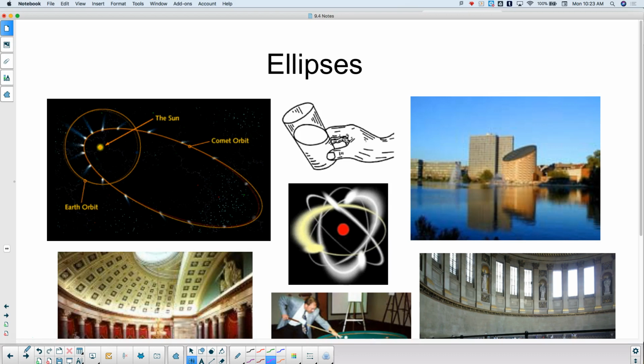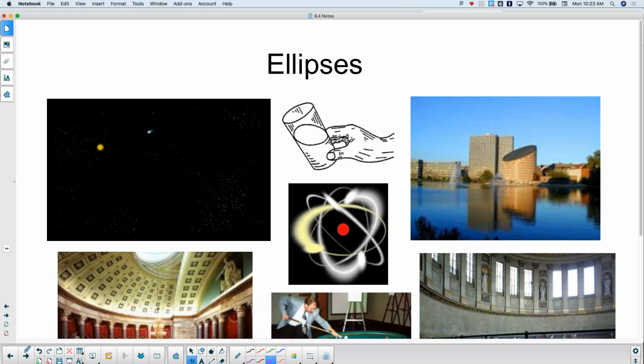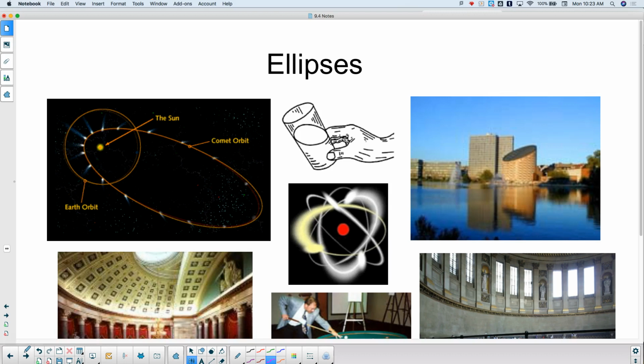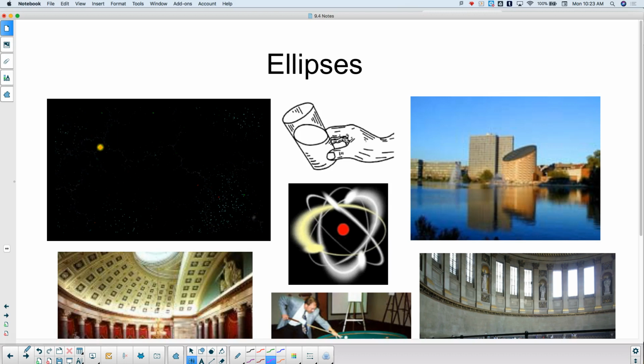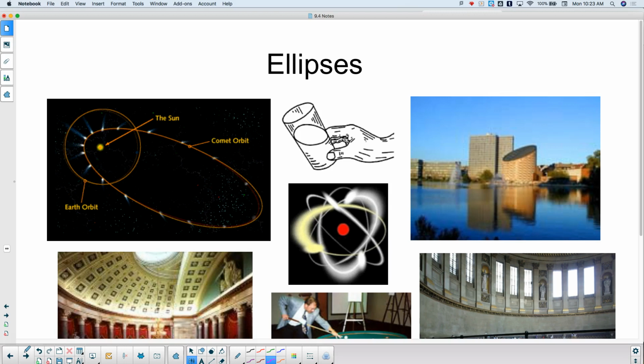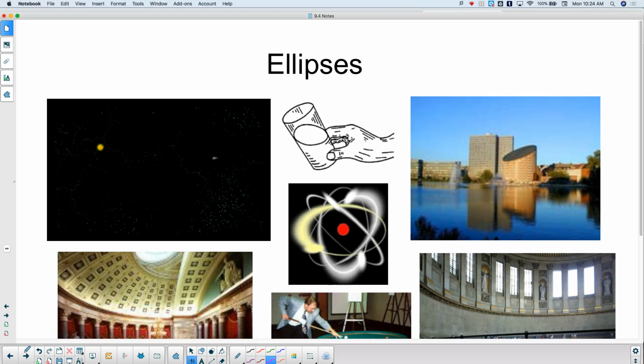Can I borrow this for 2 seconds? If I were to take a water bottle with some water in it, and I draw around the edge of the top here and then take this away, I'd have a circle right here, right? If I tip it to the side, now if I look straight down on it, that's an ellipse.